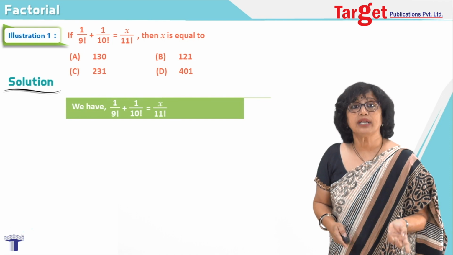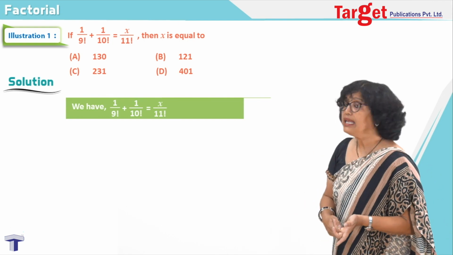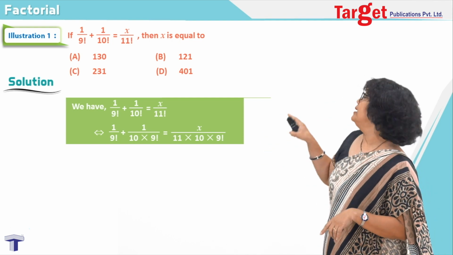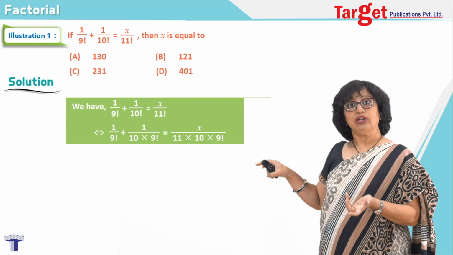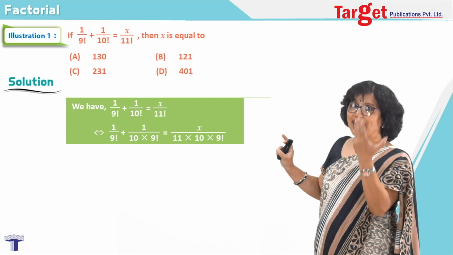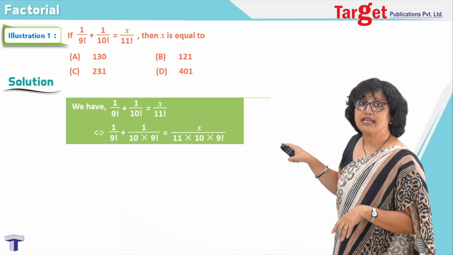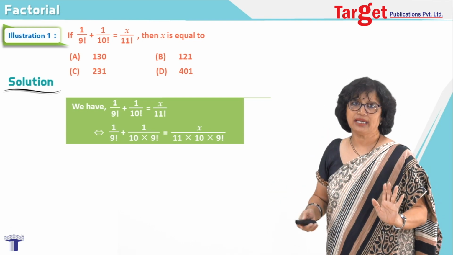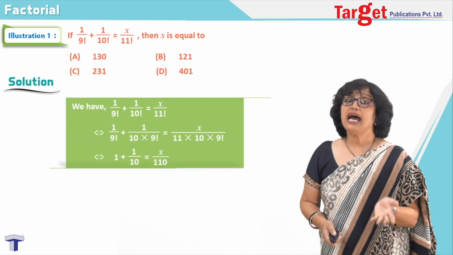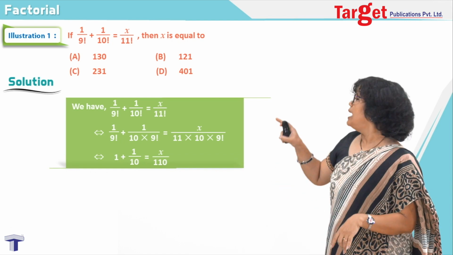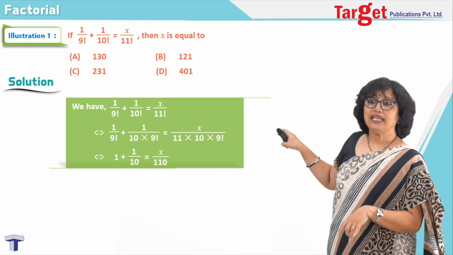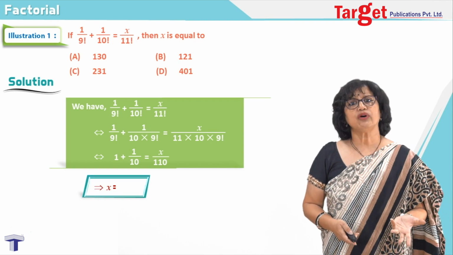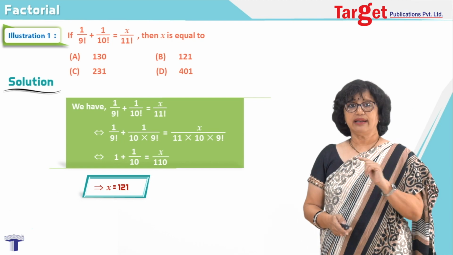So, if I go for taking LCM, then I can write this as 1 upon 9 factorial plus 1 upon 10 into 9 factorial equal to x upon, and there also 11 factorial is appearing, which I will write as 11 into 10 into 9 factorial. So, everywhere I have got that 9 factorial, which I will cancel. And a simple expression I get as 1 plus 1 by 10 equal to x upon 110. That is easily solved for getting x, and x turns out to be 121.